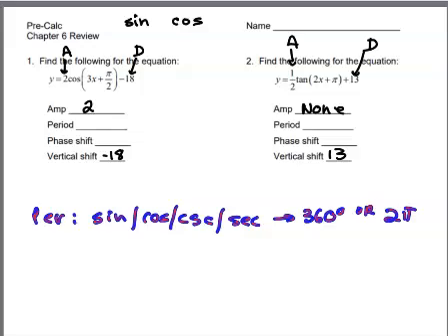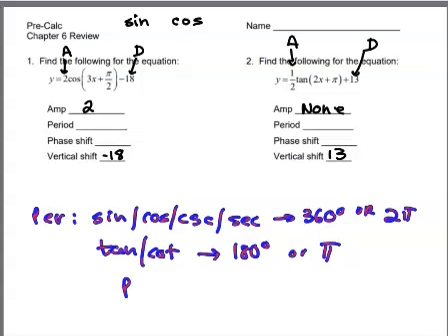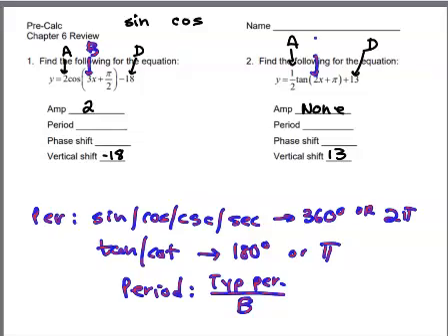Whereas if we have the period of tan or cotan, the period is 180 or pi. So that's what the typical period is. Now the way we find the period is we take the typical period divided by B. And B is this number here.